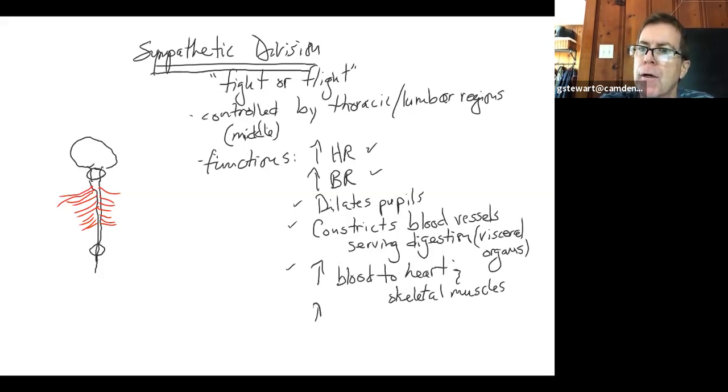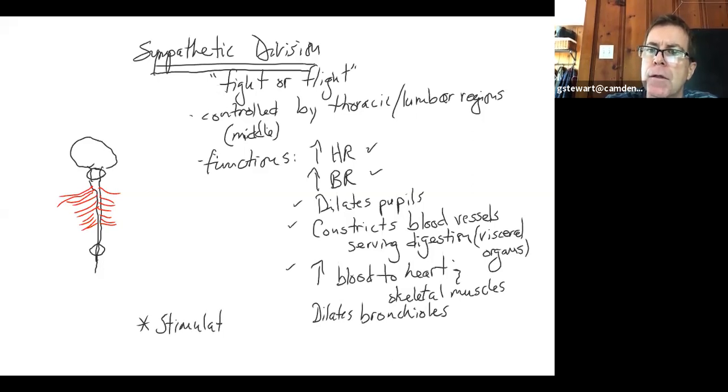I'm going to add a few more. Dilates pupils. I already said that one, sorry. It also dilates bronchioles, our air passageways. And I'll write this over here as a sidebar. The sympathetic nervous system stimulates the liver to release glycogen stores.